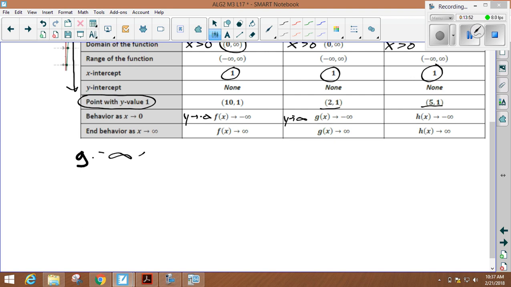We can use some inequalities, and we can also use intervals. Y is on the interval from negative infinity to infinity, okay? Or you can say that y is contained in the set of all real numbers. There's set notation as well for you.